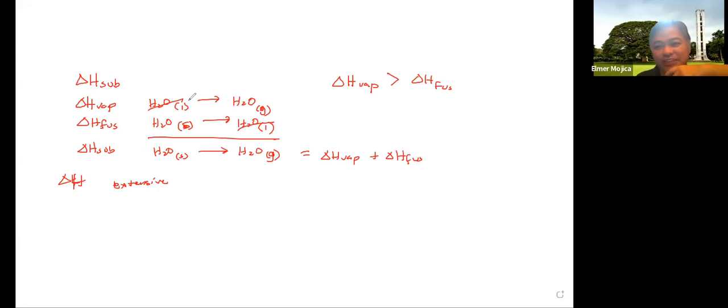Okay? So ganun din yung relationship ng calorimetry as phase changes. Pag mas marami yung amount ng material mo, mas marami yung energy. So let's say meron kang 1 gram ng ice compare sa, let's say, 100 grams of ice.